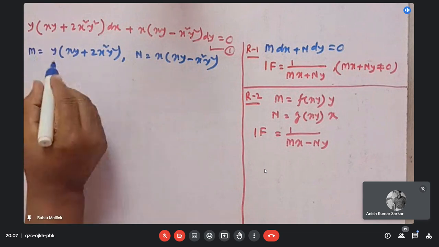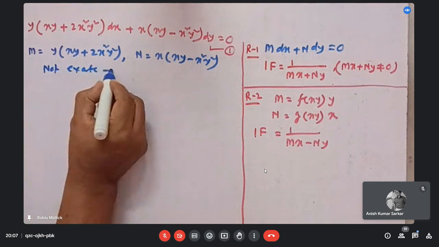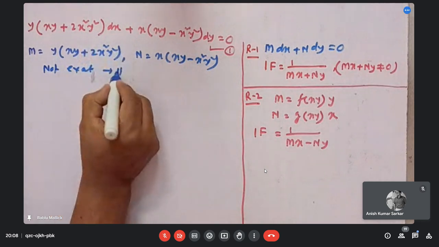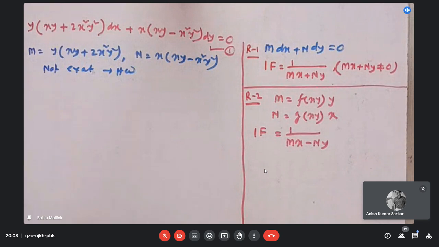And this equation will be not exact. This is your homework. You will show that it is not exact. So not exact means you need an integrating factor.